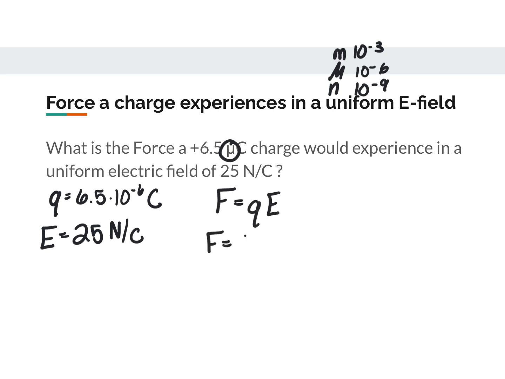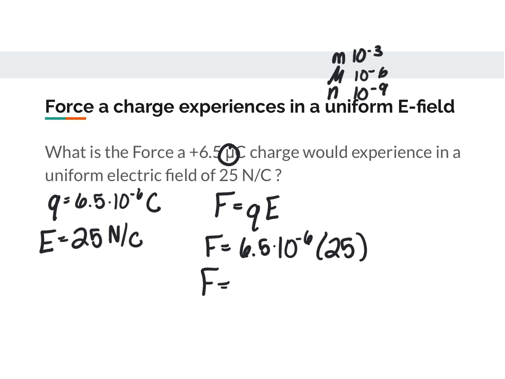The force is going to be 6.5 times 10 to the negative 6 times 25. And then I'm just going to type it in my calculator really fast. 6.5 times 10 to the negative 6 times 25. I'm getting a force of, I'm going to write this in scientific notation, 1.625 times 10 to the negative 4. Force has units of newtons.